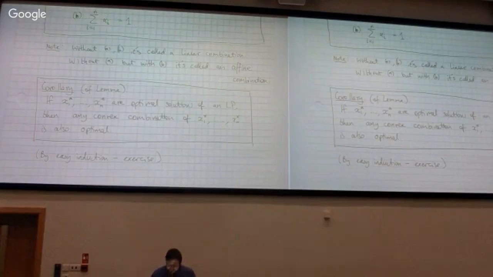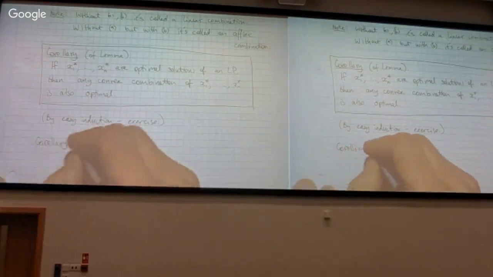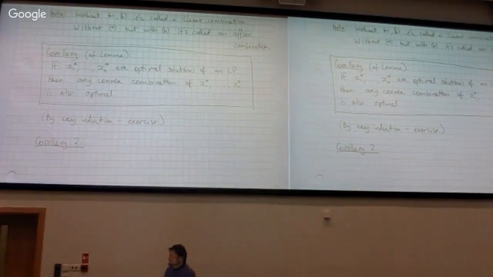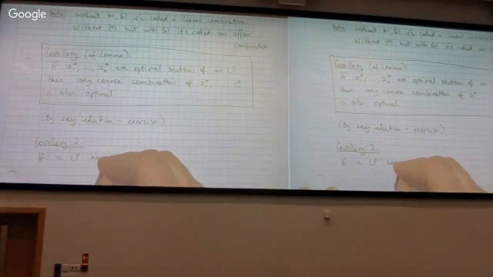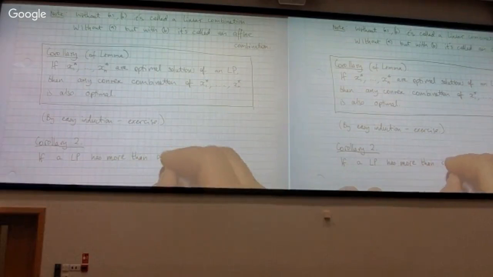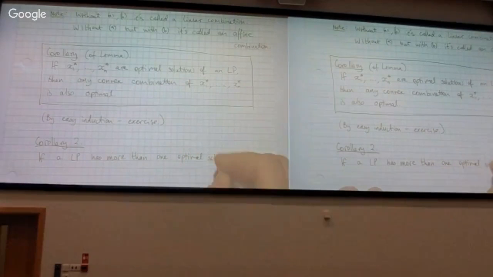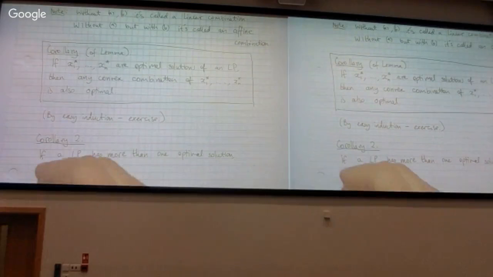Okay, so this is corollary 1. Corollary 2 is that if a linear program has more than one optimal solution, then it has infinitely many.